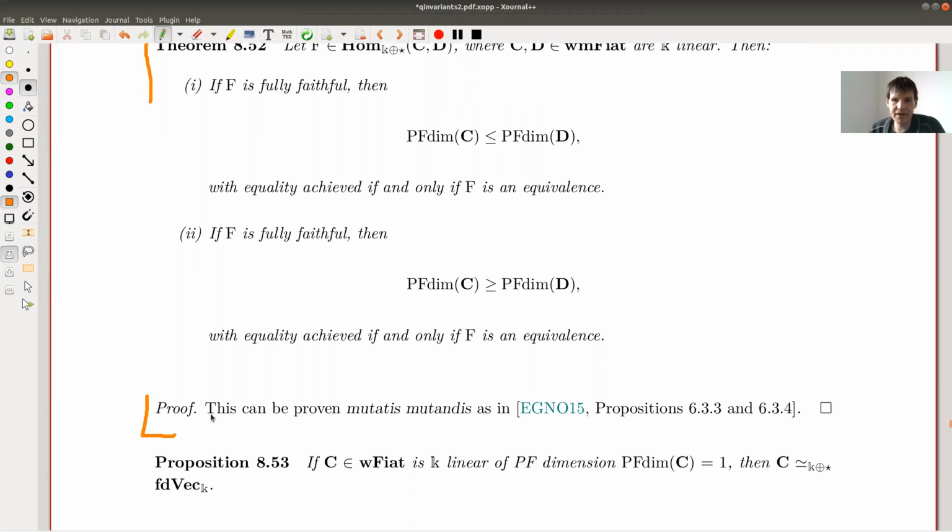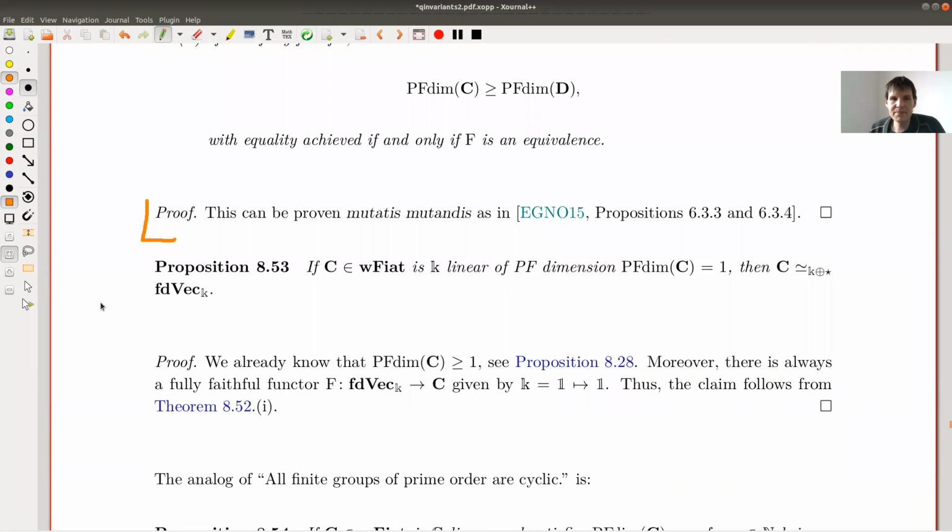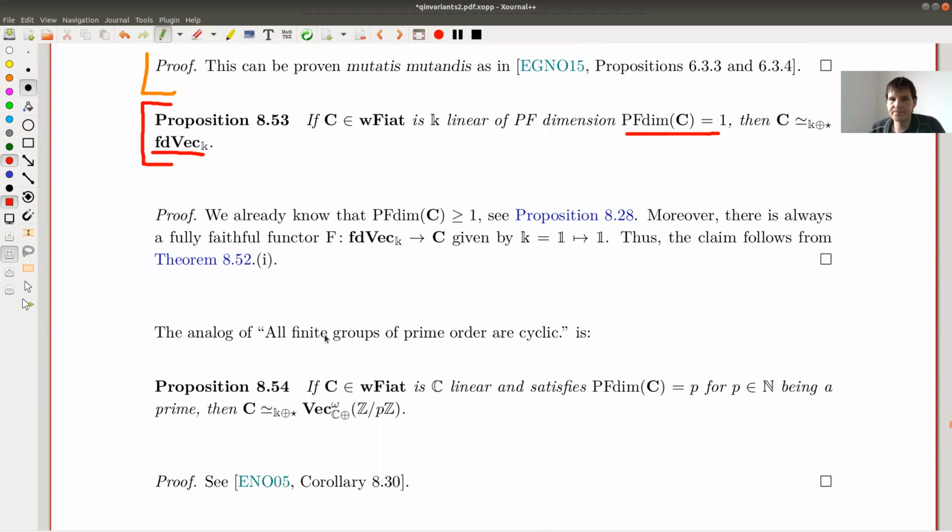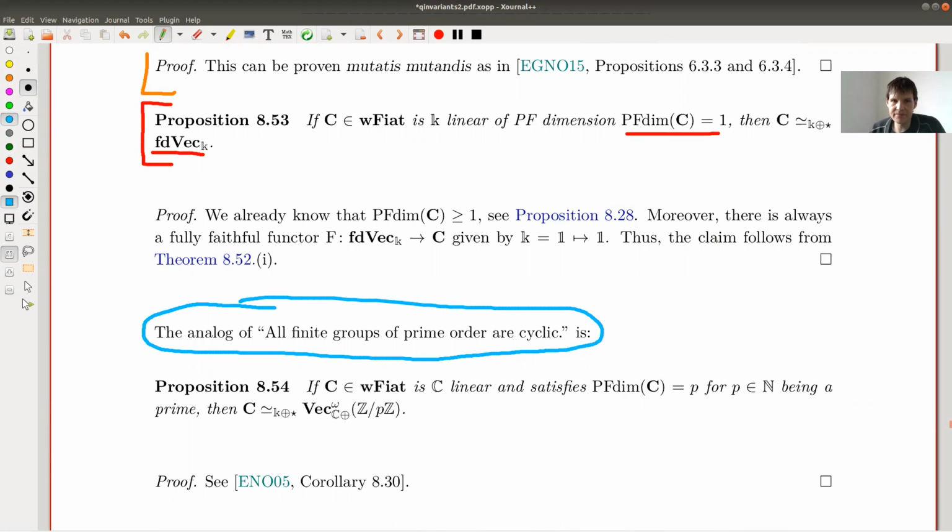You can read them in the file. But basically, a much easier thing than before is if PF dimension is 1, then they are vector spaces. Okay. And this is already nice, but this is just a slice of a much bigger thing, namely the analog of all groups of prime order are cyclic.